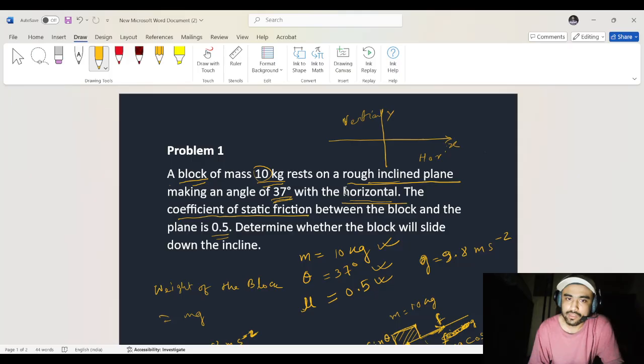After solving that, only then proceed, press the play button again, and move on with the next equation. Okay, fine. All the best.